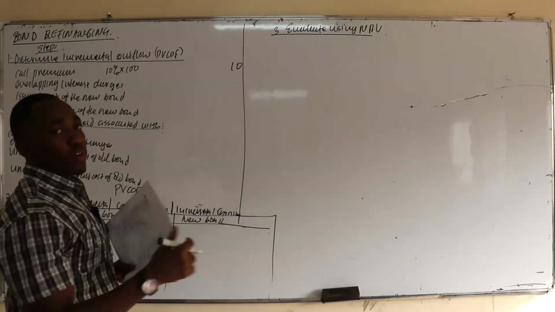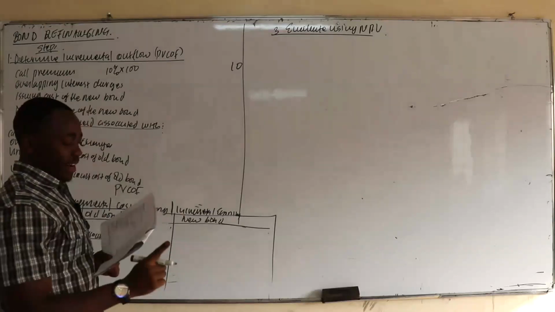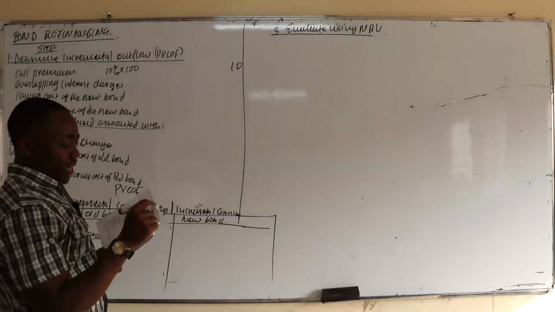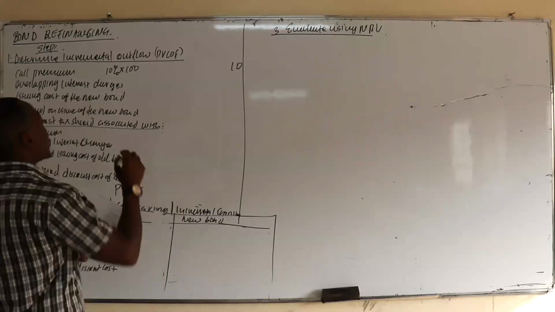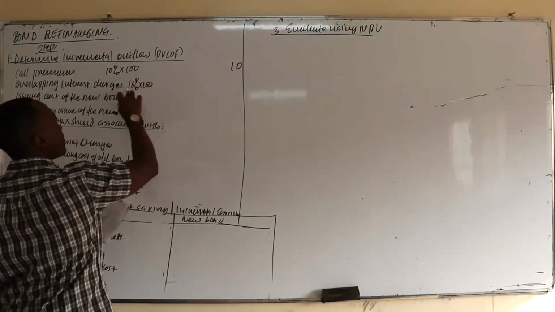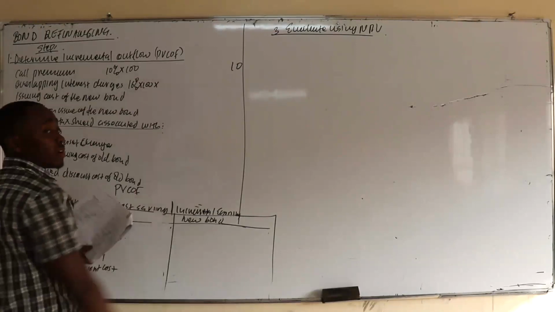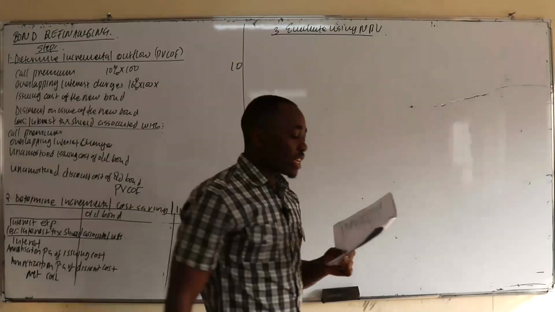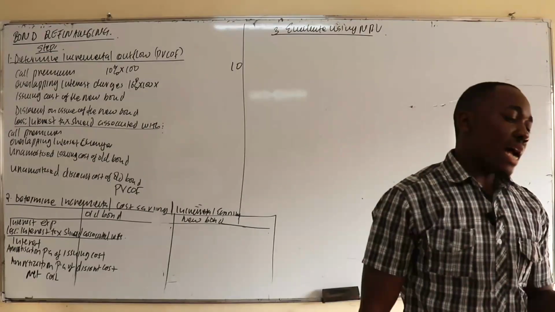Then overlapping interest charges. The old bond you are paying an interest of? Let's see the first paragraph. Mark issued 100 million par value, 16%, 10-year bond. So the interest rate was 16%. So you take 16% of 100 million, but 16% is per annum. But the interest penalty is how many months? You are told that the old bond can be redeemed at 10% premium, and in addition, a 2-month interest penalty.